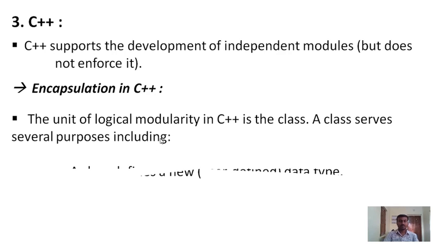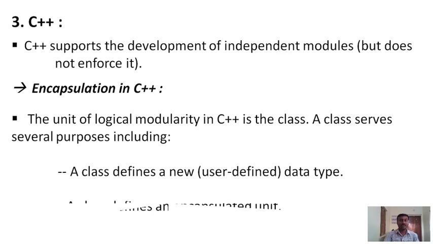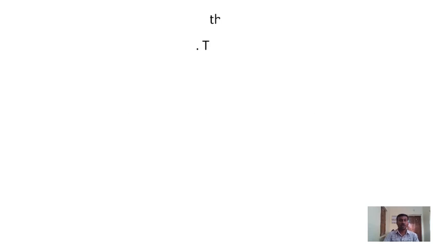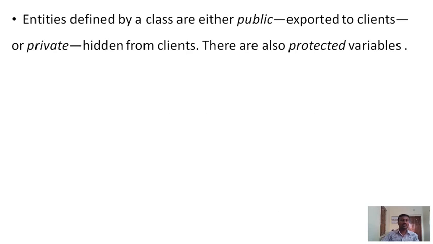The first one is that a class defines a new data type, that means a user defined data type, and it can define encapsulated units. So a class provides these services in the encapsulation environment.